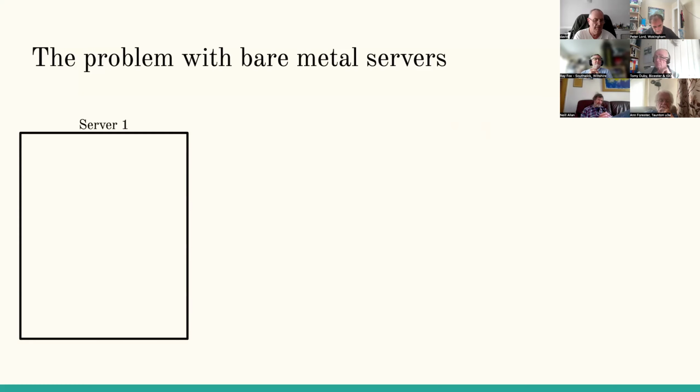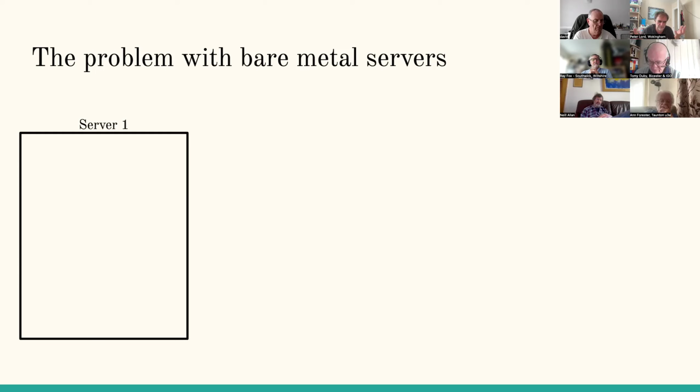So let's say we've got a small business and they are in the business of AI. And this business has to do multiple functions. They have to do their software development work. They've got to train their large language models.